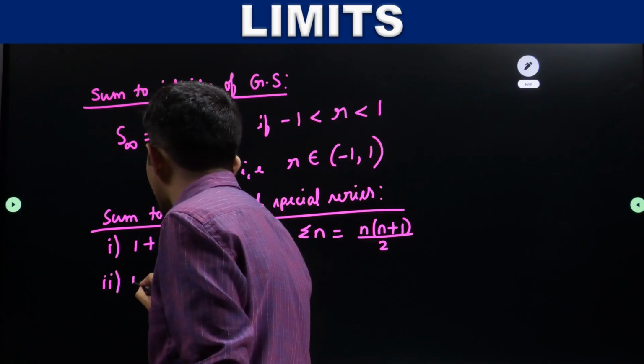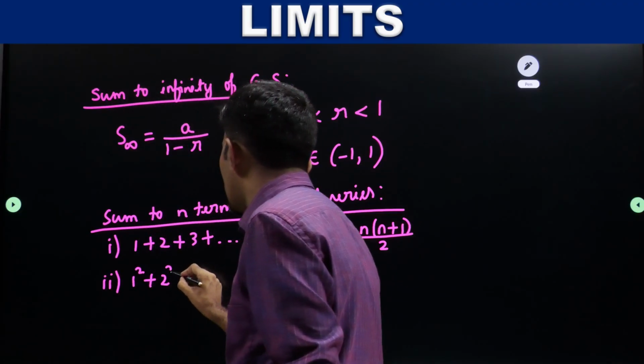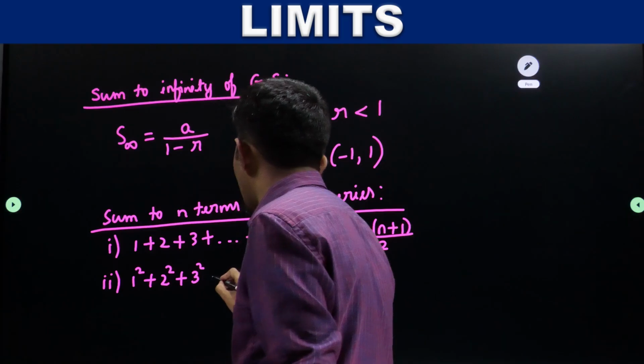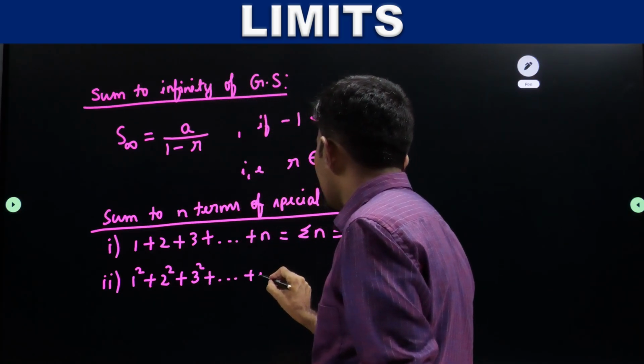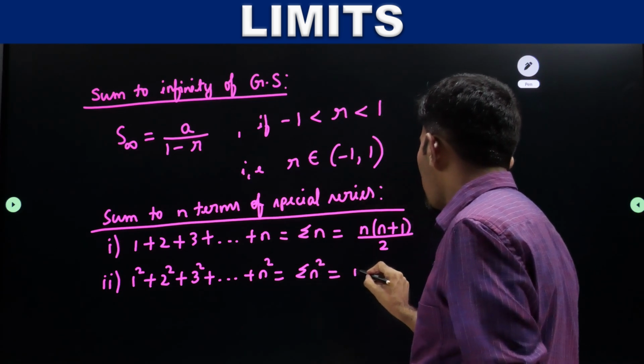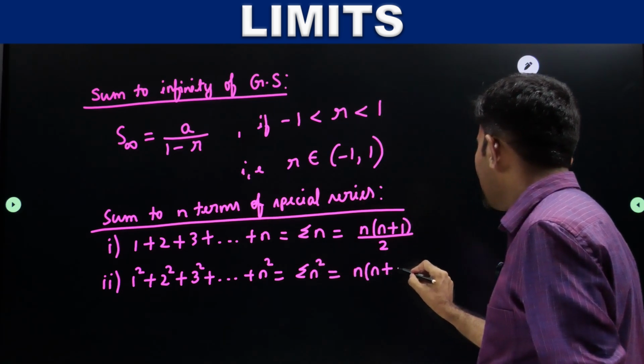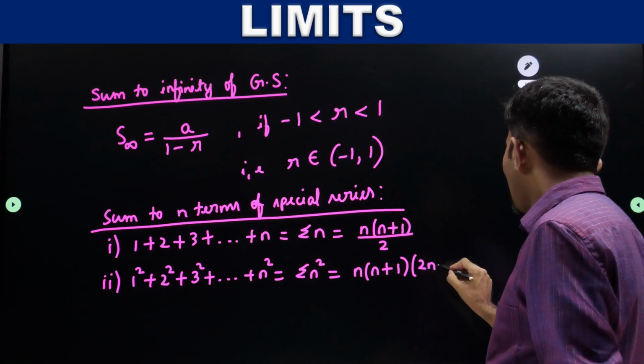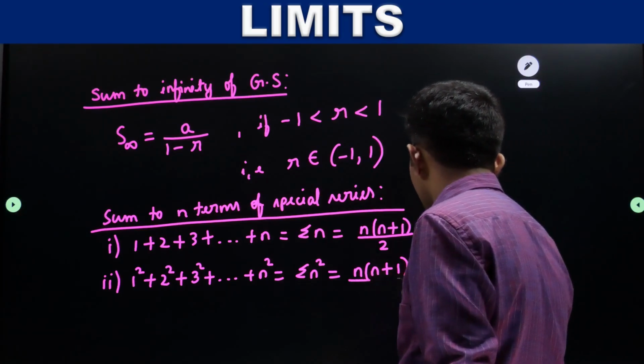Sum of the squares, 1 square plus 2 square plus 3 square etc. up to n square, which is summation of n square, is equal to n into n plus 1 into 2n plus 1 divided by 6.